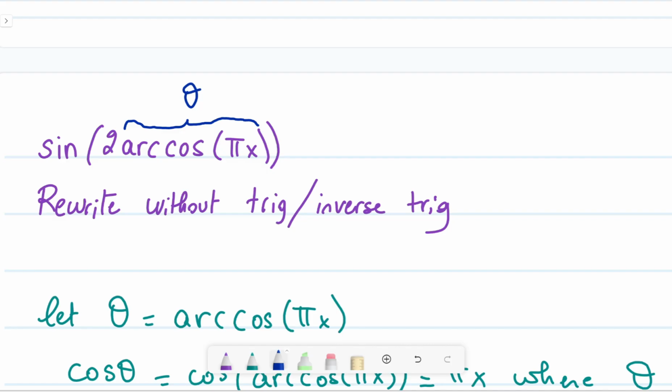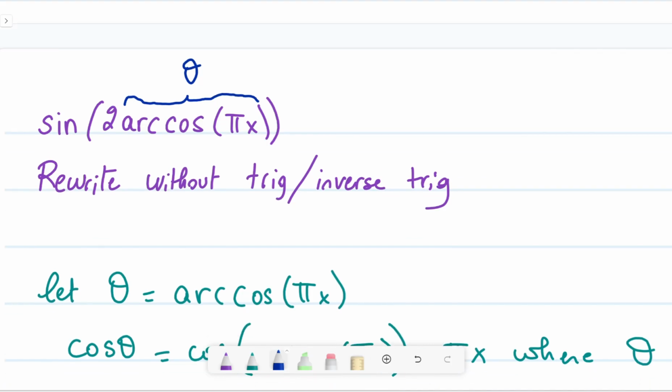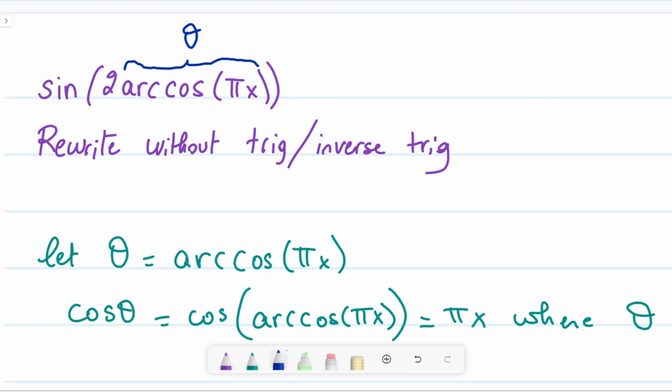And now we would like to get rid of the arccos. What is the function that gets rid of arccos? It is in fact cos. Because if we do cos of theta equals cos of arccos of pi x, cos and arccos cancel each other and we are left with pi x.